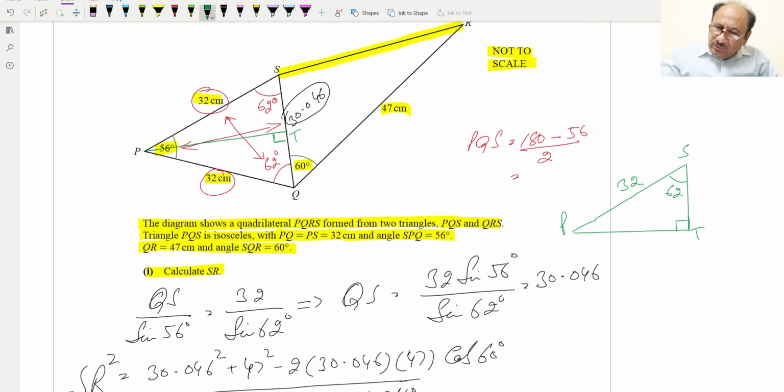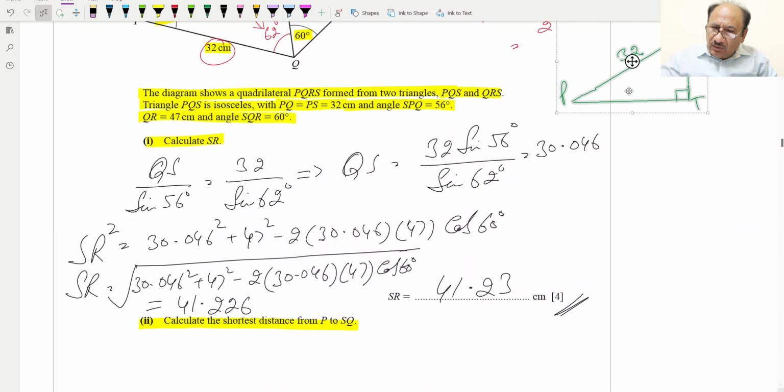So now we will be using this triangle for our calculation.